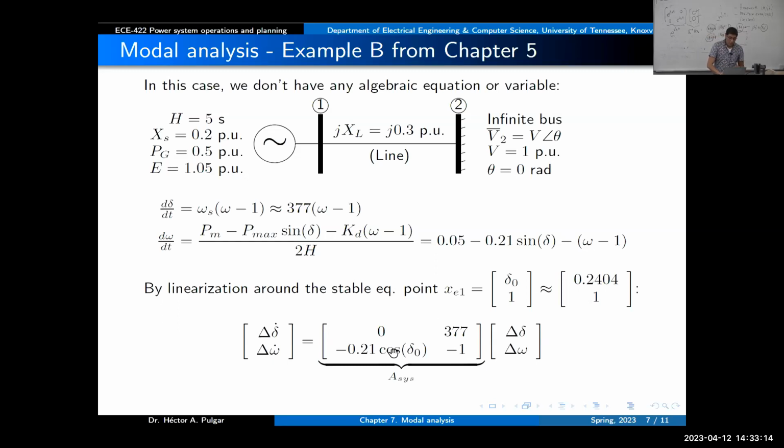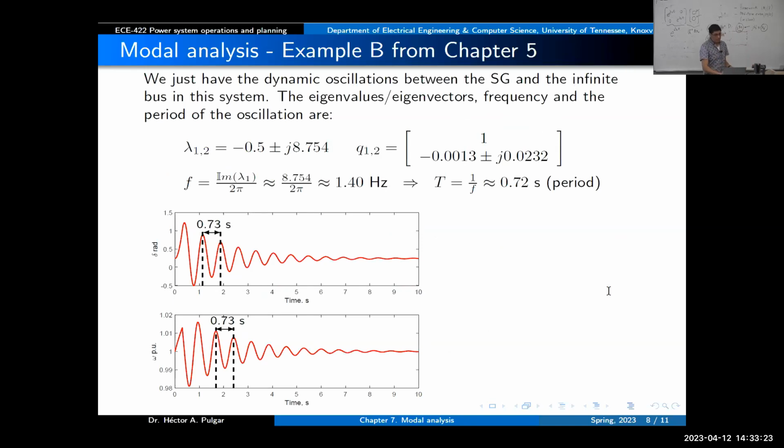With the equilibrium point and the matrix A evaluated at the equilibrium point, we calculate the eigenvalues and eigenvectors, and this is what we have right here. We can calculate the frequency of the oscillation. We take the imaginary part of this divided by 2 pi, and then we have 1.4 hertz, roughly speaking. And if you take the inverse of that frequency, then you get the period, which is about 0.72 seconds.